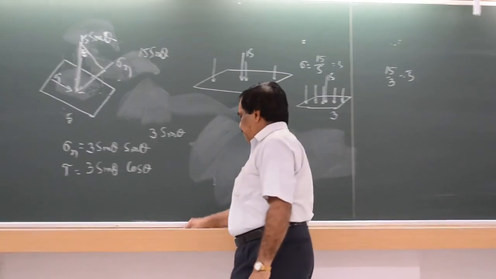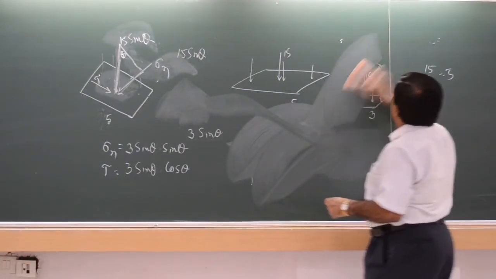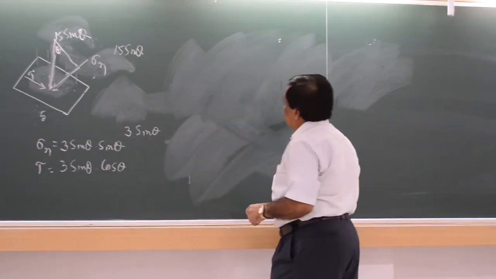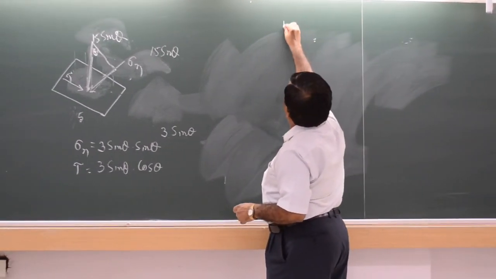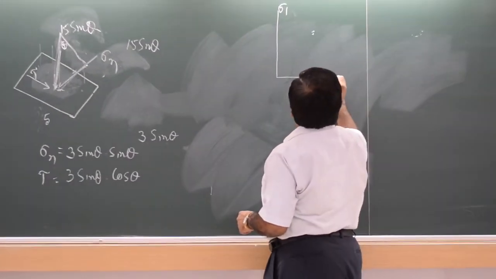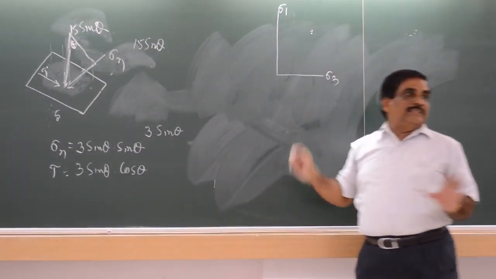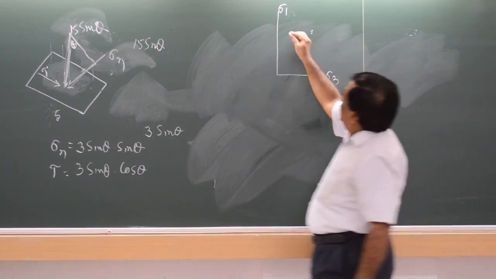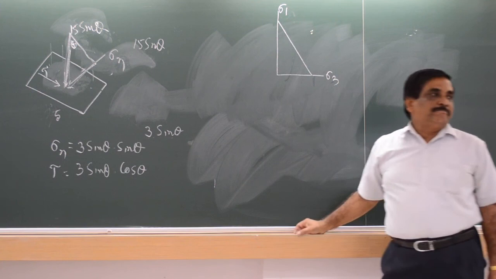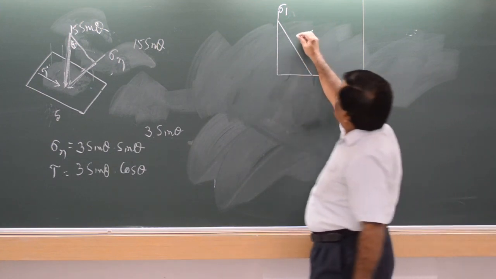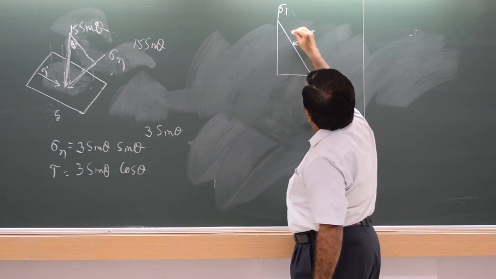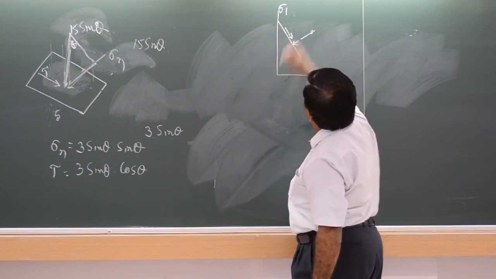Then what we discussed, like this. Let us you have sigma 1 and sigma 3. I took two components, sigma 1 and sigma 3, and there is a plane like this. So what is the normal stress? Because of sigma 1, there will be one normal stress and one shear stress.